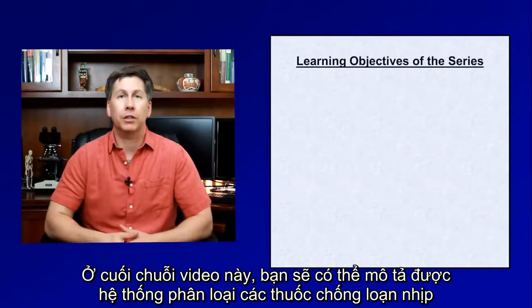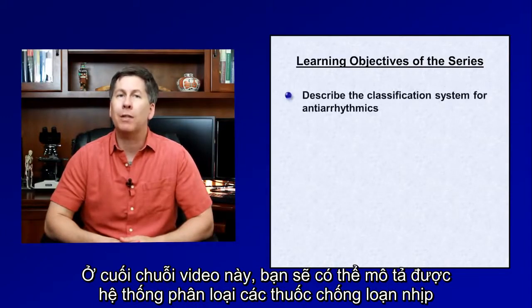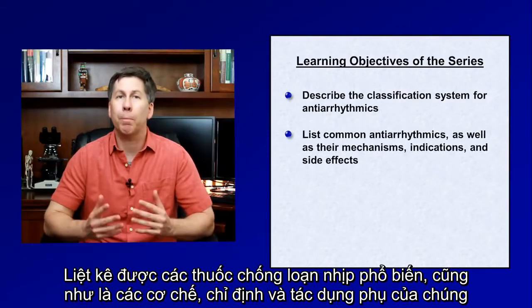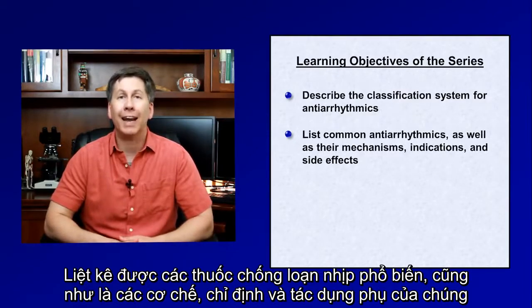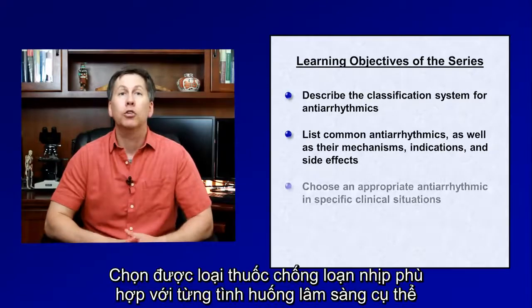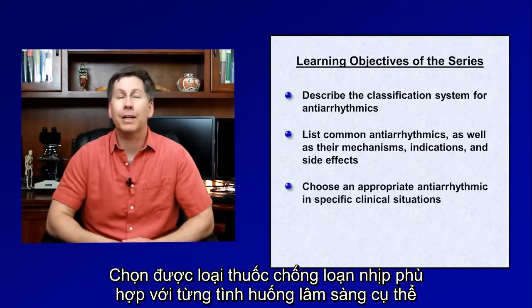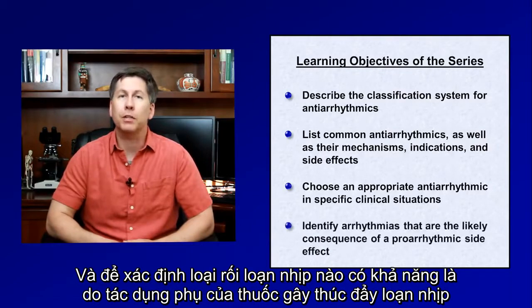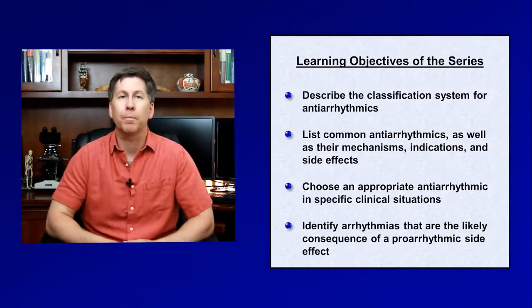By the end of the series, you should be able to describe the classification system for antiarrhythmics, to list common antiarrhythmics, as well as their mechanisms, indications, and side effects, to choose an appropriate antiarrhythmic in specific clinical situations, and to identify arrhythmias that are the likely consequence of a proarrhythmic side effect.